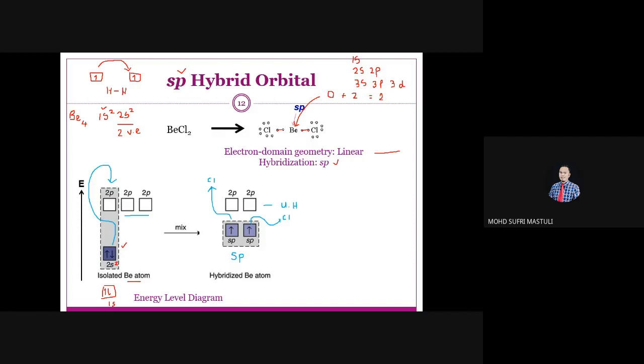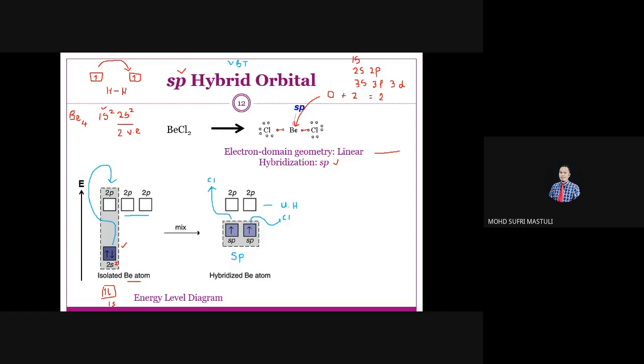So by valence bond theory, no bond can be formed because there is no single electron. This is why we have to mix the atomic orbitals to provide single electrons accordingly.